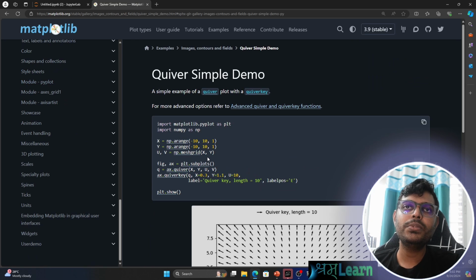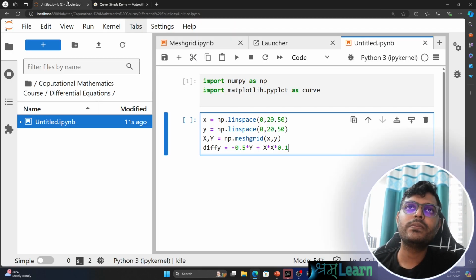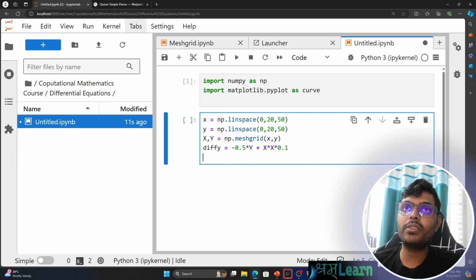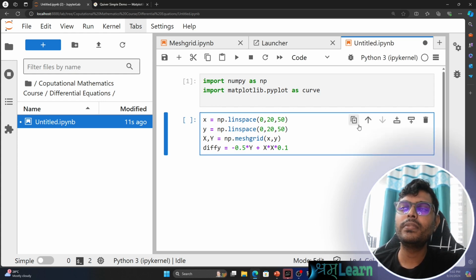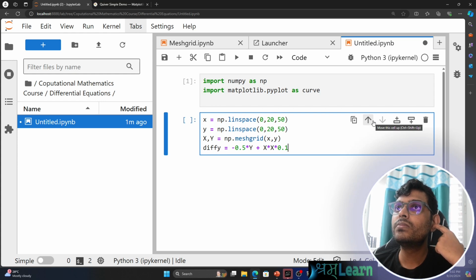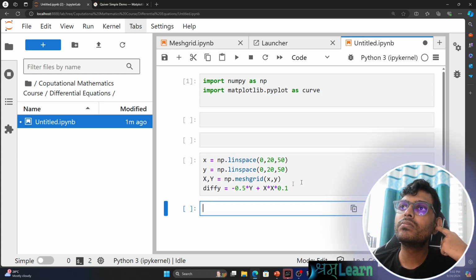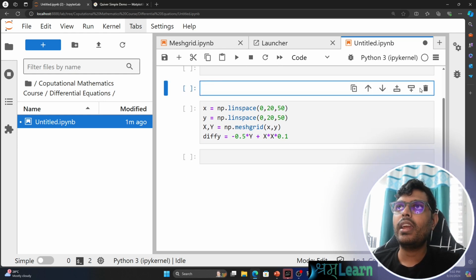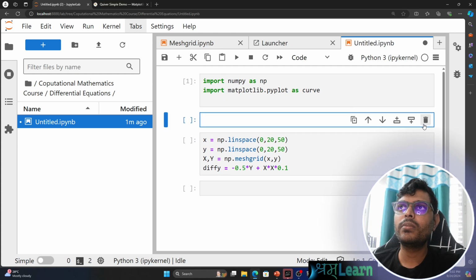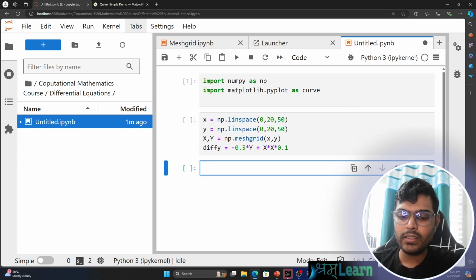This uses the subplots without any change, and quiver, great. We can do that by our own knowledge. Let me insert a new cell, and here we will start plotting our figure.